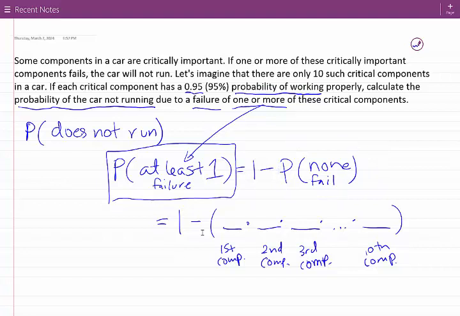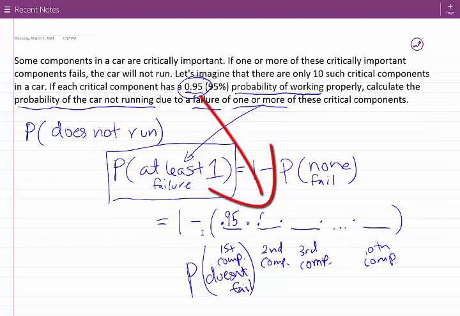All right, so let's figure that out. What's the probability that the first component doesn't fail, right? Well, according to the problem, 95% of the time, the components will work properly. So that means the probability that this first component works is 95%. Now we're going to assume that these operate independent of one another, and the probability, therefore, that the second component doesn't fail is also going to be 95%, right?